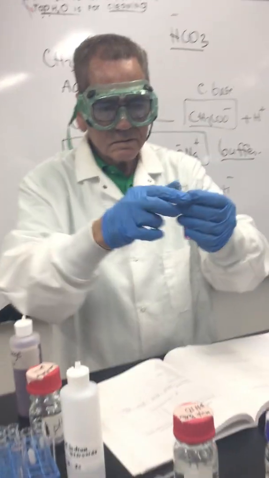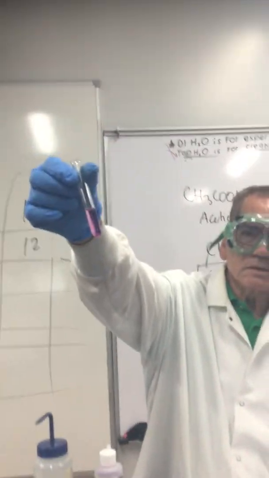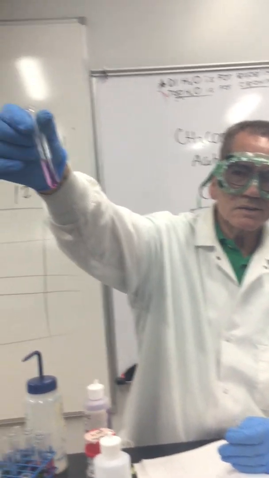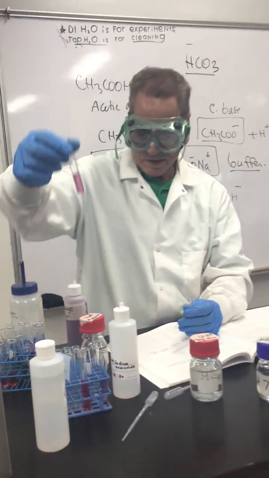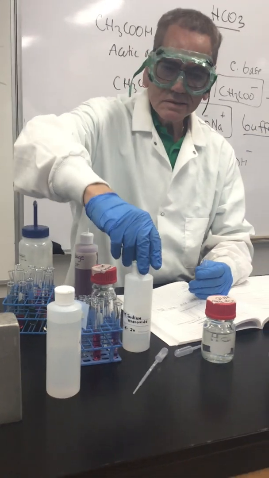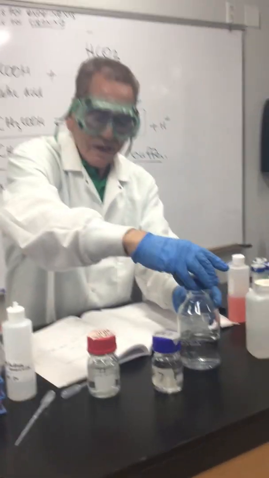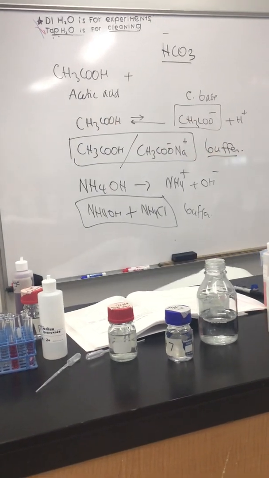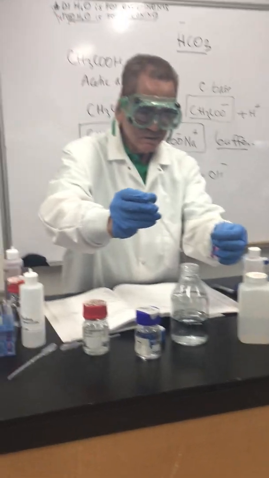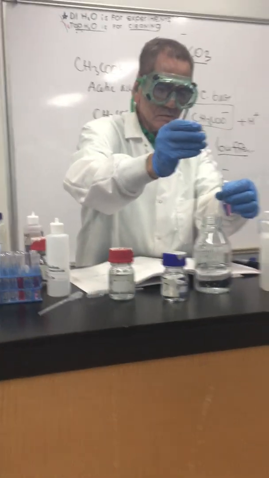We add the base. What color is this? It did not change, right? So the buffer resists the change in pH. The base did not change it. Acid will not change it either. Here's my acid, and we add a few drops.